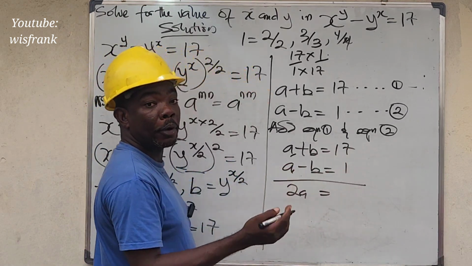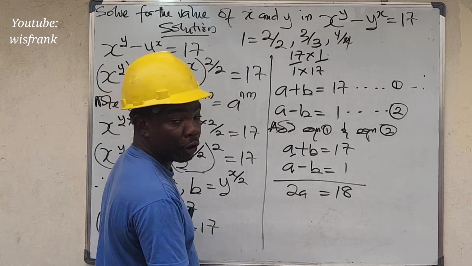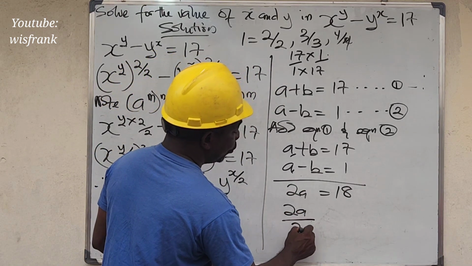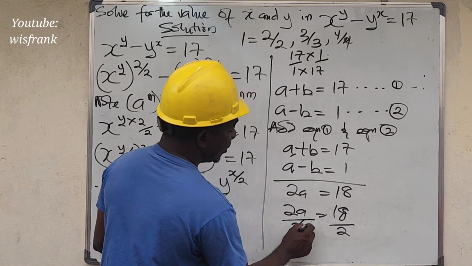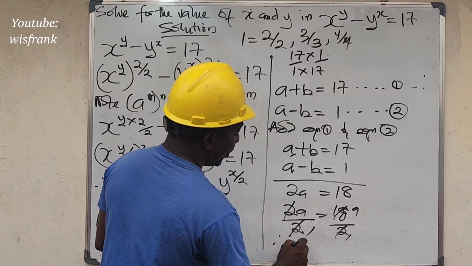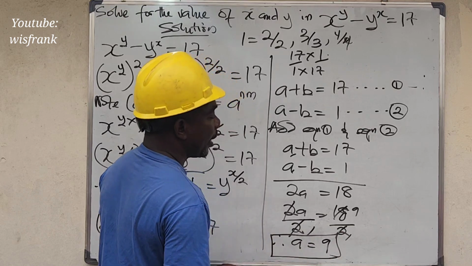This 17 plus 1 will give us 18. Therefore, we can divide both sides by 2 for us to have the value of a. So doing this, we have 2a all over 2 equals 18 all over 2. Cancel here and cancel here, this cancel here and this cancel here, 9. Therefore, the value of a equals 9. So this is the value of a that we have.